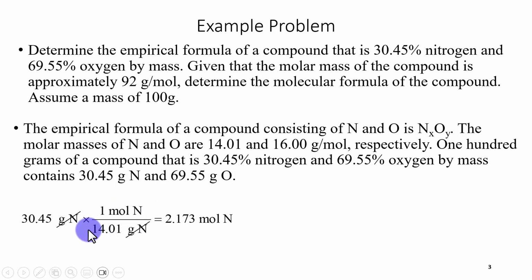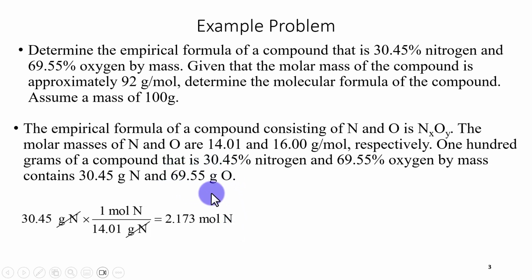This is my conversion factor to go either from grams to moles or moles to grams. In this case, I'm going from grams to moles, so I want moles on top and grams at the bottom. My grams, therefore, will cancel. Then I have 30.45 times 1 mole divided by 14.01, which gives me 2.173 moles of nitrogen.